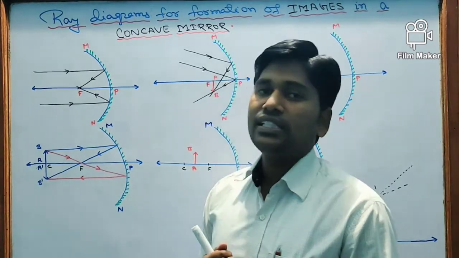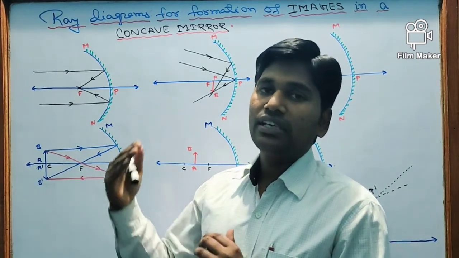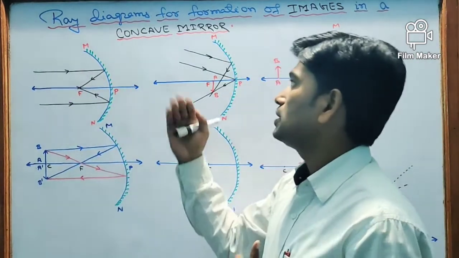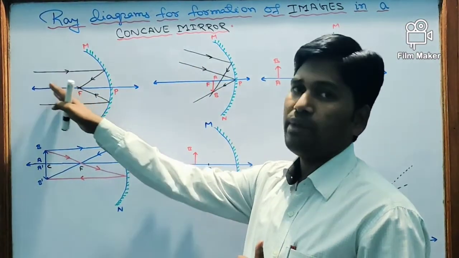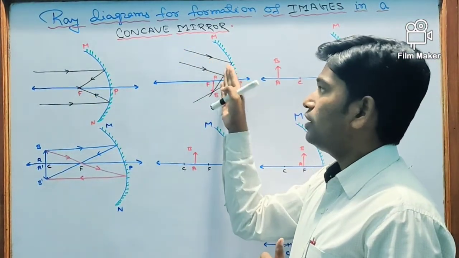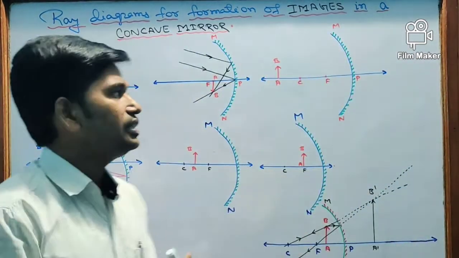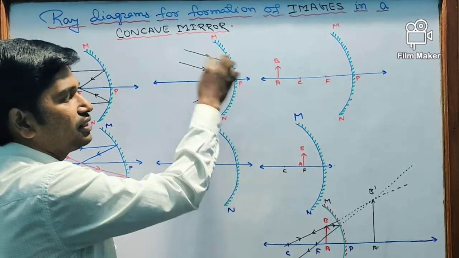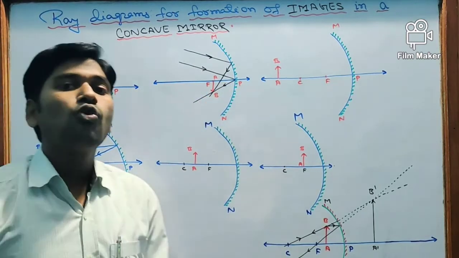If the object is very far, not at infinity, that means very far from the mirror, then what happens? The rays again seem to come parallel. But earlier, the rays were parallel to the principal axis. In this, the rays are incident parallel on the mirror but not parallel to the principal axis. Then after reflection, they appear to intersect at the focal plane.